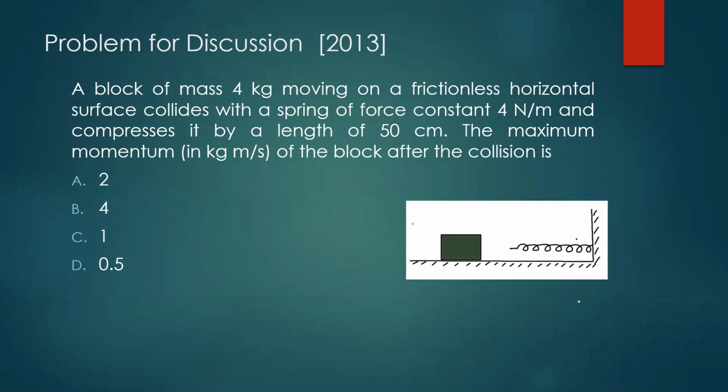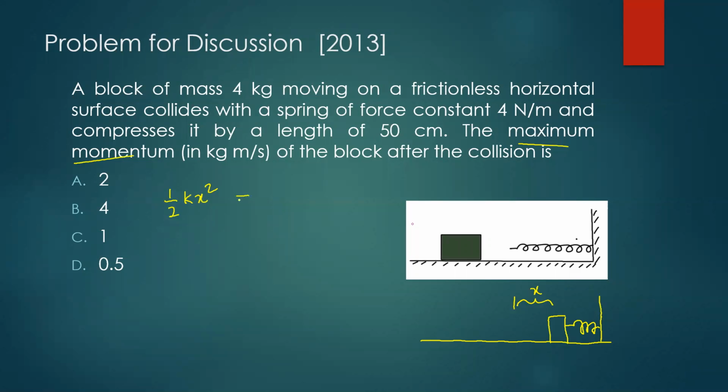Now, let's look at the compressed state, when the spring is compressed by the maximum amount. If X is the maximum compression, the elastic potential energy is half kx square. Maximum linear momentum happens when the block has maximum kinetic energy.